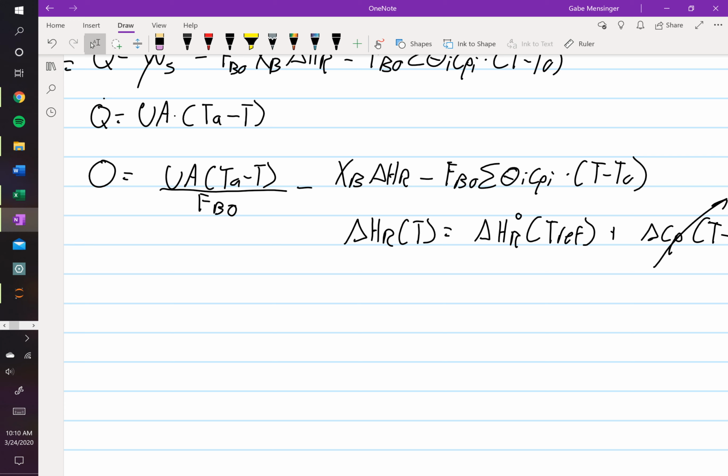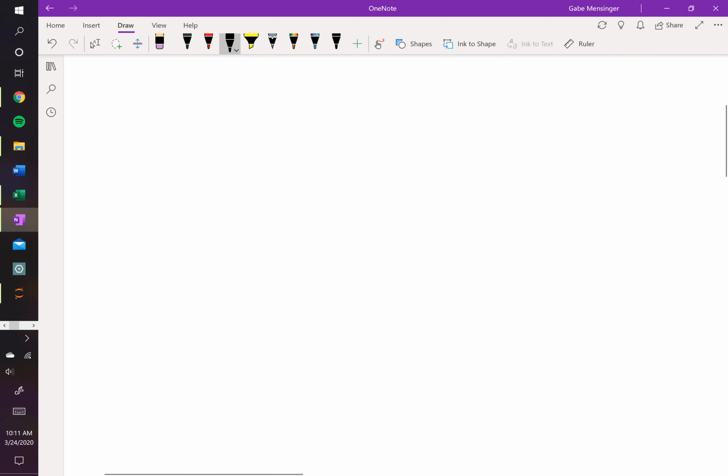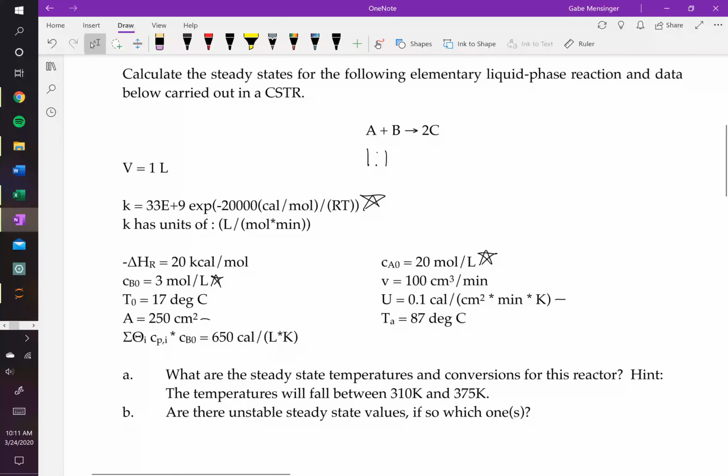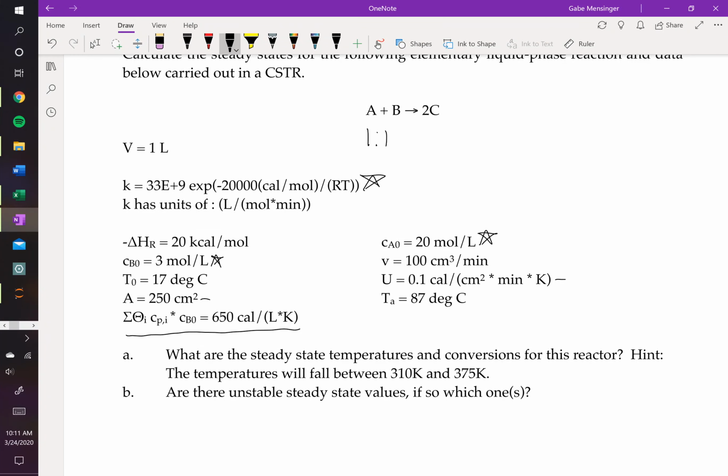And for the sigma theta I CPI, we are given this term, CP naught, right here, is equal to 650.